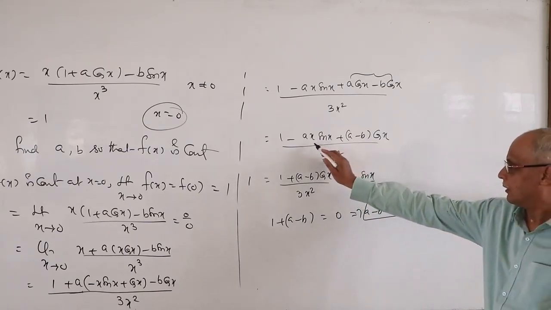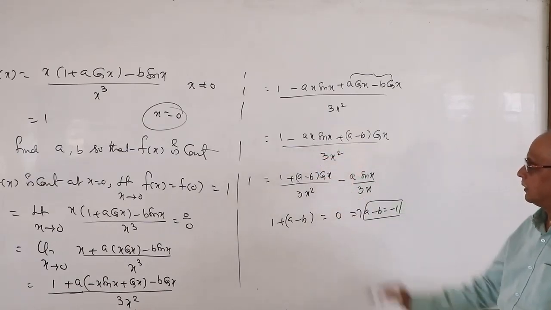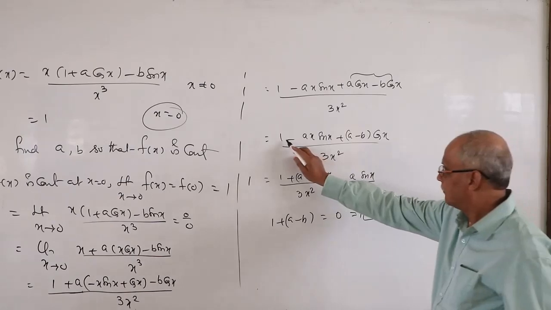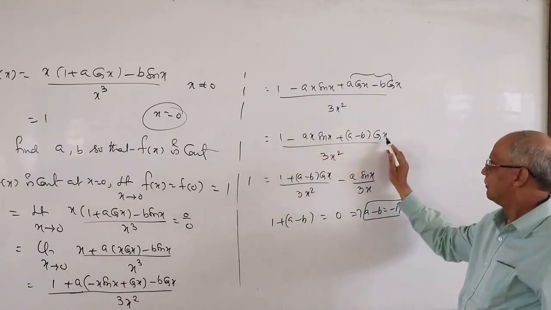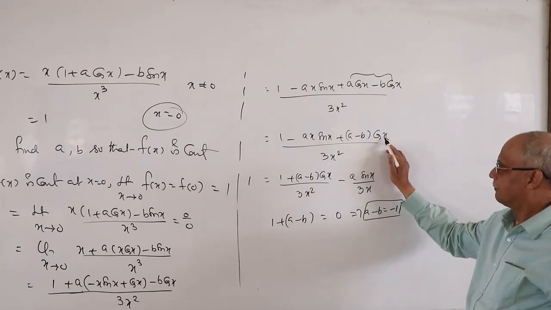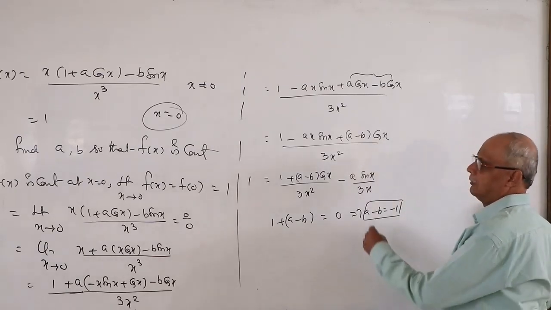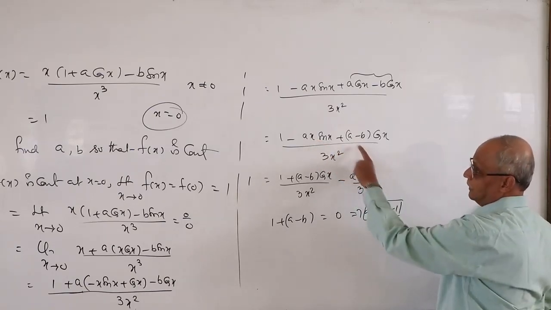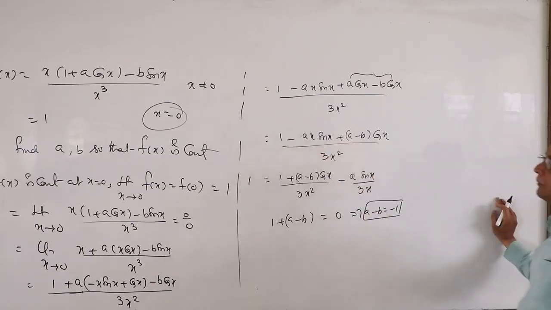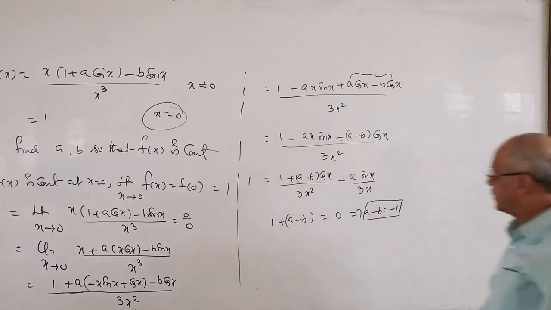Okay. Now, again continue. As x tends to 0, we are getting an indeterminate form. Continue differentiation.